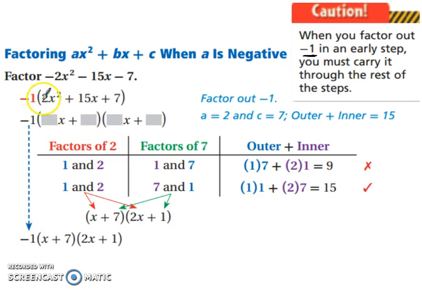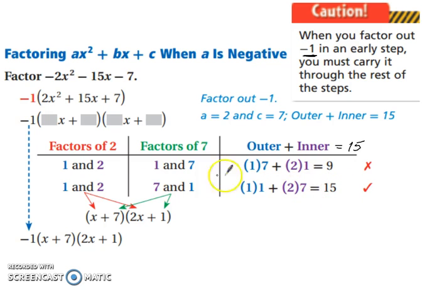So we want factors of 2 and factors of 7, and then when you add the outer plus the inner, you want 15. So the same method applies as soon as you've taken out this negative 1. So 1 and 2, and 7 and 1, and 1 times 1 is 1, and 2 times 7 is 14.